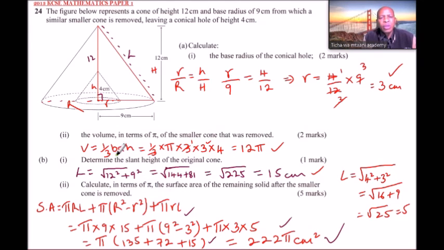Then of course you need to master the formulas, for example the formula for finding the volume of a cone that you learned in Form 2. So it combines that, and also the formula for finding the surface area. And that's all you need to be able to get 10 marks out of 10 in this question.